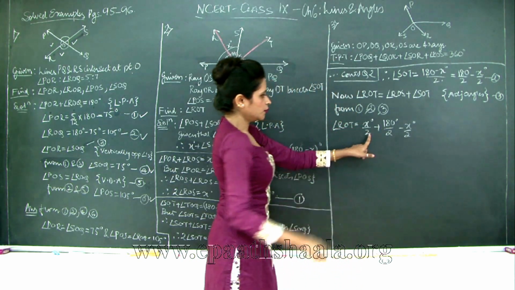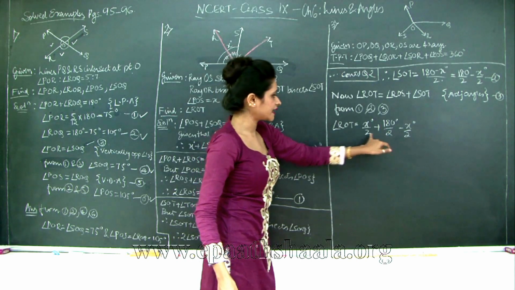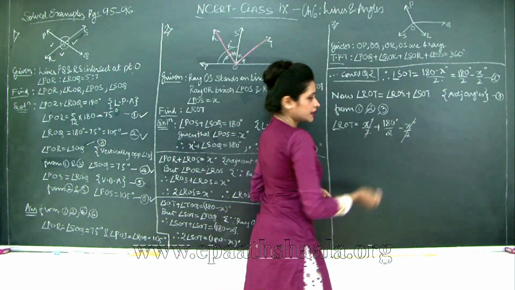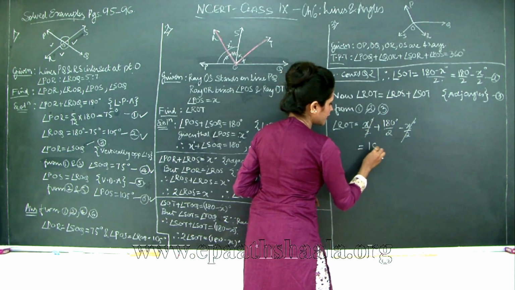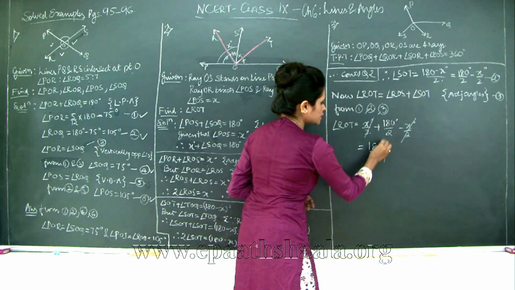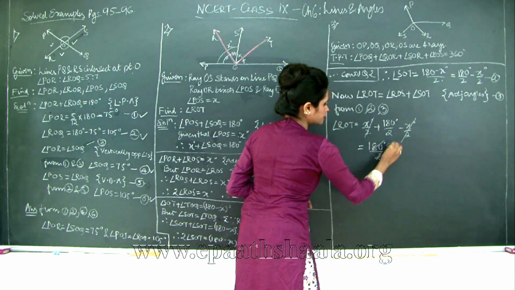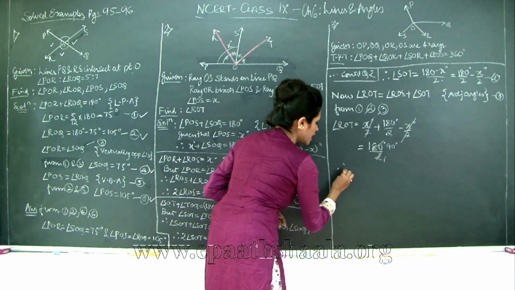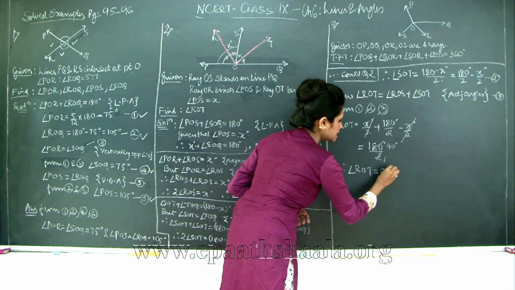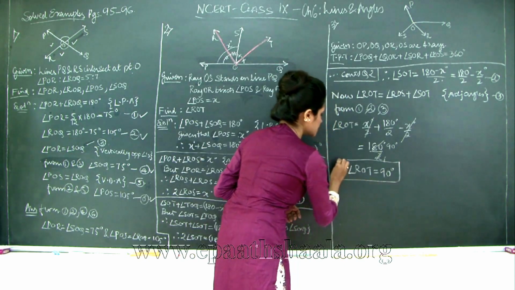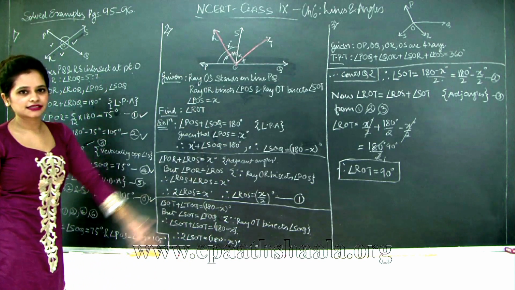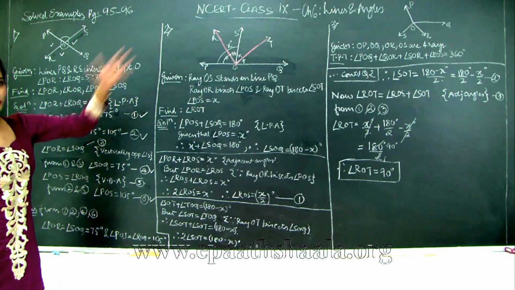Now see, we have two terms with different signs, x by 2 and minus x by 2, so they will cancel. Therefore, what am I left with? 180 degrees by 2. So this is going to be 90. Therefore, angle ROT is equal to 90 degrees. This is my answer. Please take a look because I'll be erasing the board to solve question number 3.